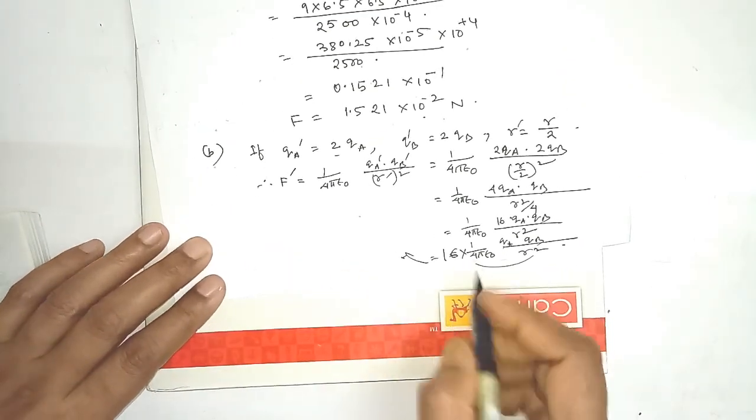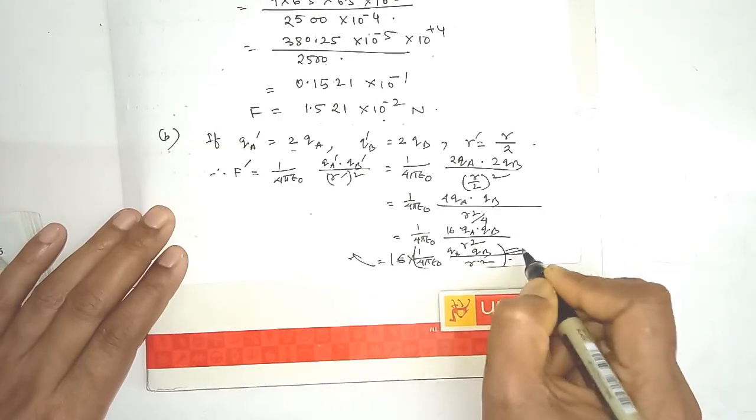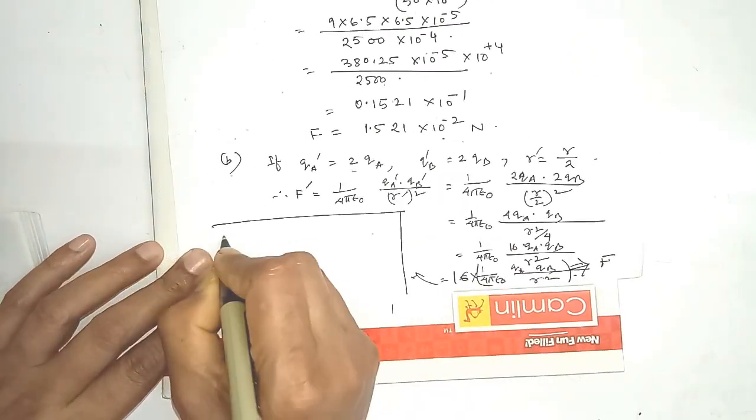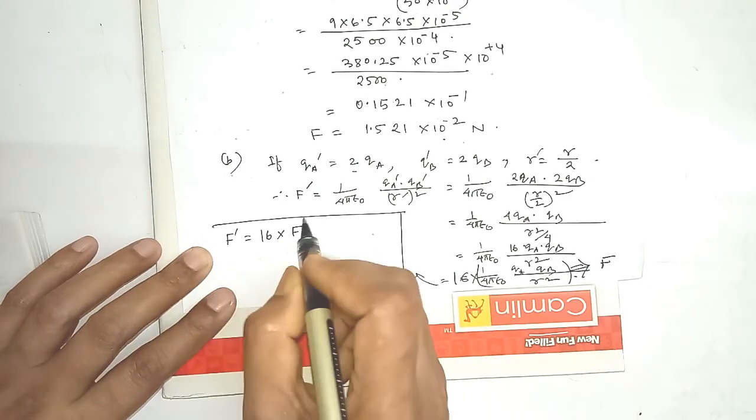So that is 16 times this total term, which is considered as F. So we can write that F dash equal to 16 into F.